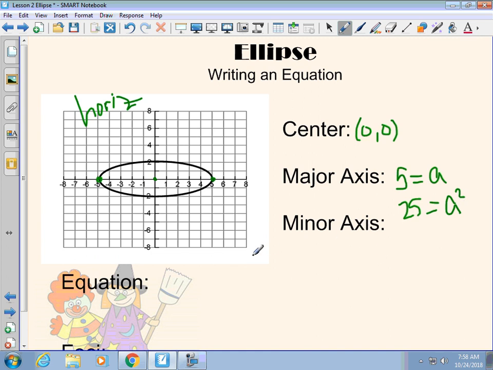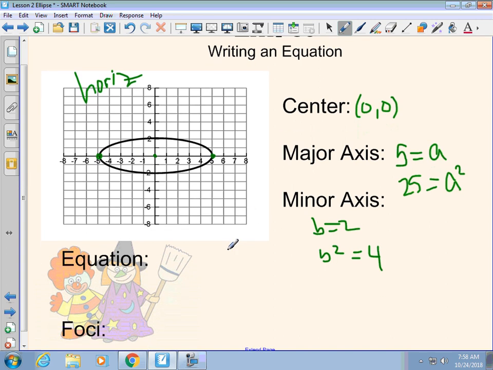Okay, my minor axis is the vertical axis, okay, and I've gone up 2 from my center point, so that makes B squared 4. Okay, now this is where you have to remember what the equation of an ellipse is, and I strongly suggest making note cards so that you can practice it.